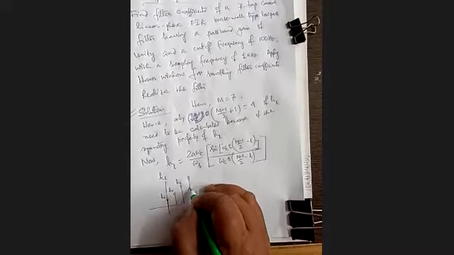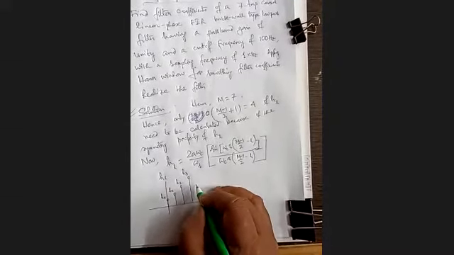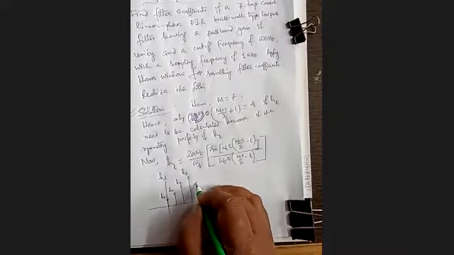And what is our HL? If we plot HL versus L, we have some values H0, H1, H2, H3, then H4, H5, H6.